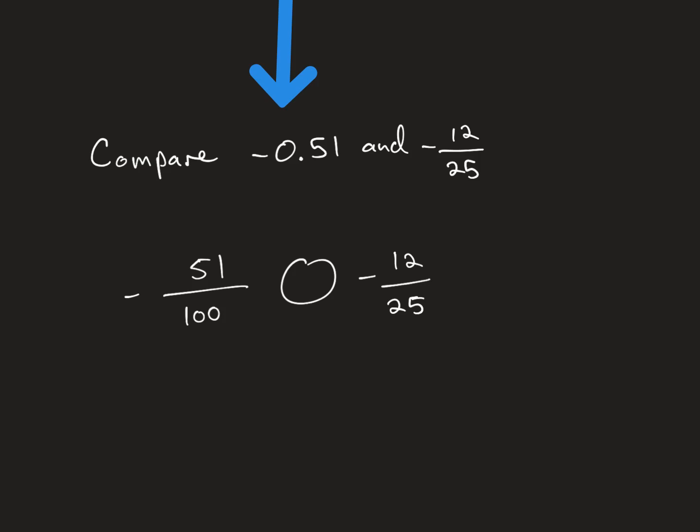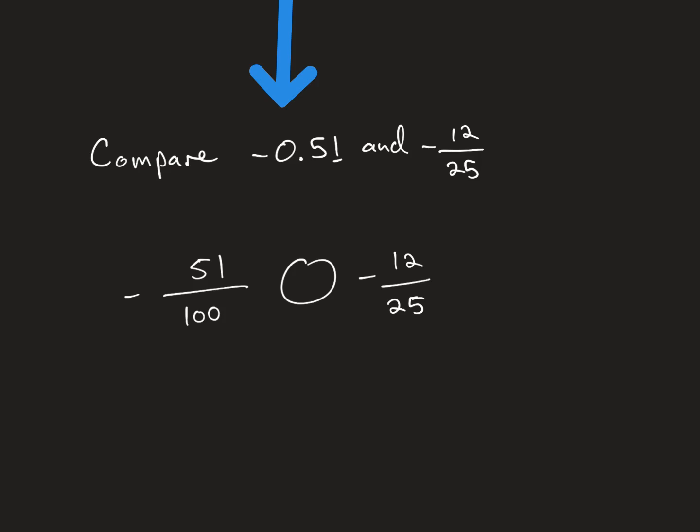So ideally, we would want to either convert these to both decimals or both fractions. In this case, I want to shift these to fractions. With this one, I know I have 51 hundredths because I look at the final decimal point.